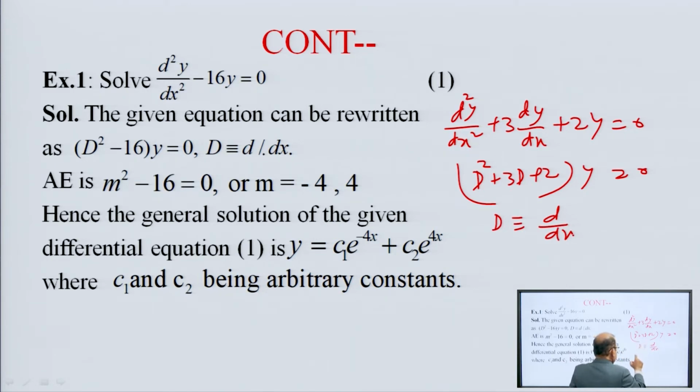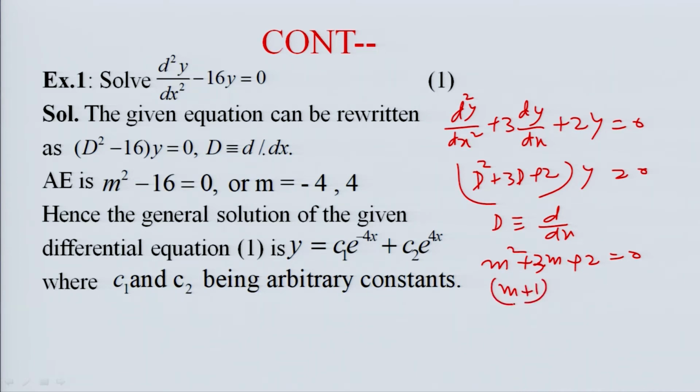The auxiliary equation is obtained by replacing d by m, so m square plus 3m plus 2 is equal to 0, meaning m plus 1 into m plus 2 is equal to 0, so m is equal to minus 1 and minus 2, meaning m1 is minus 1, m2 is minus 2.